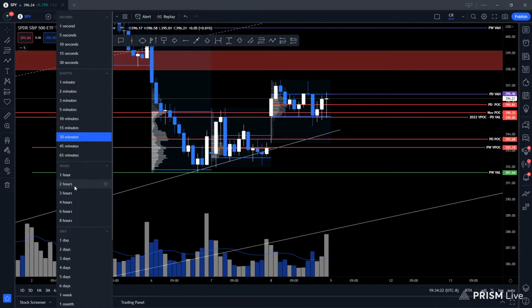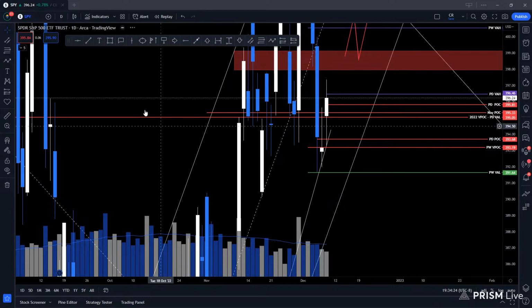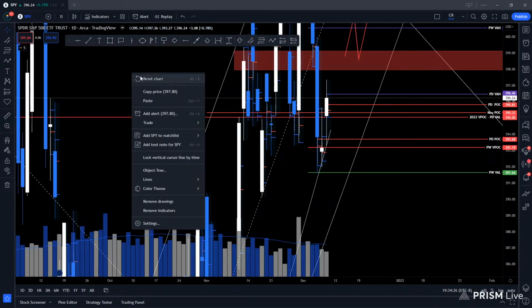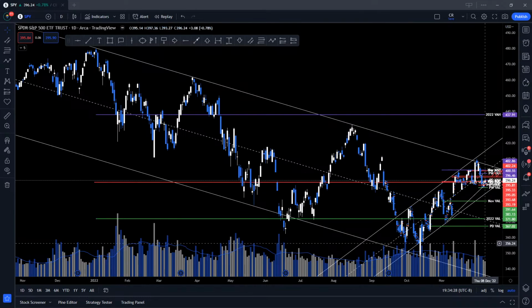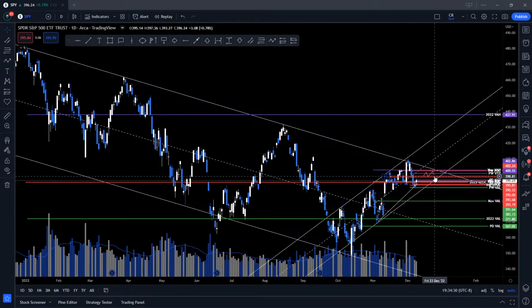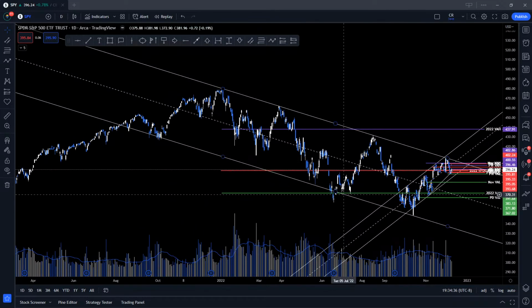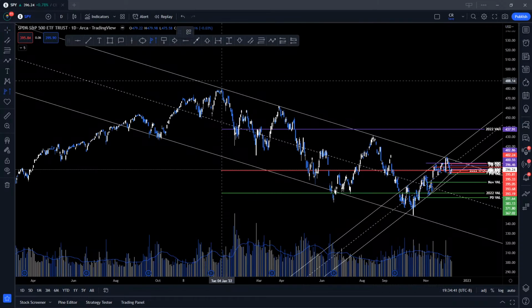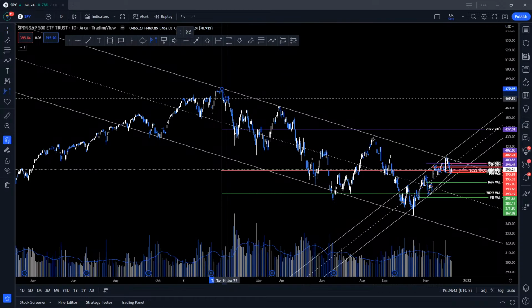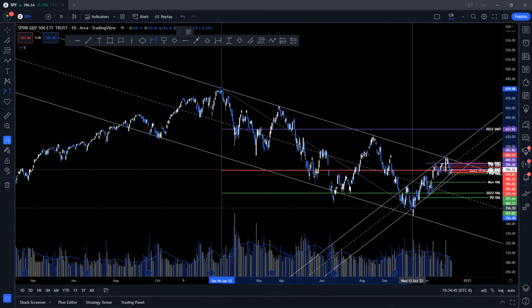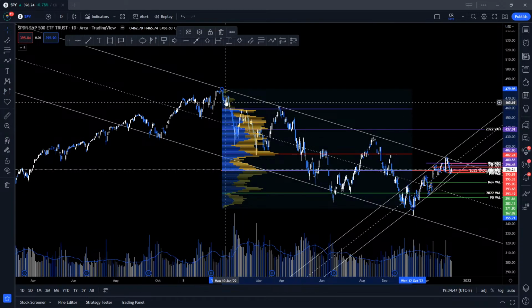From here, I always end up doing this after the fact, but you want to zoom out. There's a lot of ways to do this and no way is right. But if you grab the top to the bottom, this is going to show you your volume profile for the rundown, right?